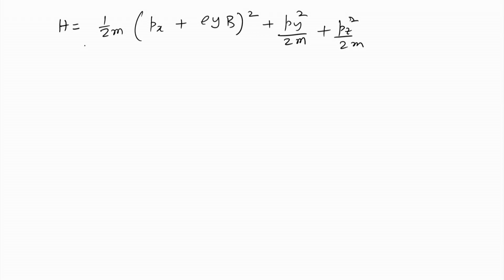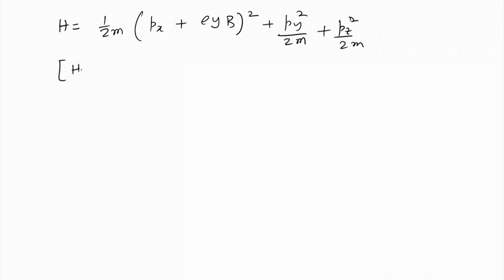So, the corresponding canonical momenta should be conserved, which means that the commutators of H with P x and of H with P z are equal to 0.